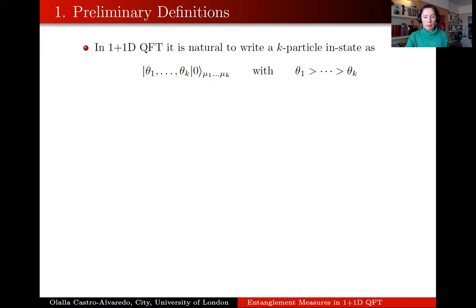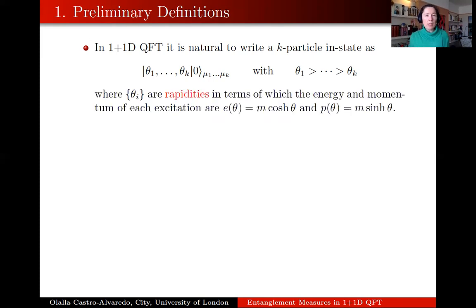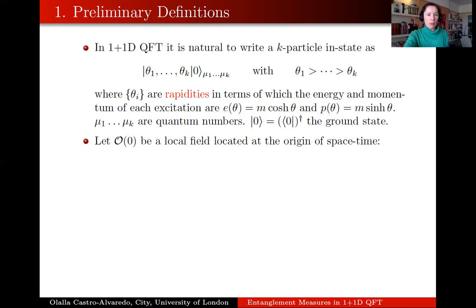This is because in one dimension, rapidities are a very nice parameterization both of the energy and of the momenta of particles. So we can describe a state by the rapidities of the particles and by their quantum numbers, mu1 up to mu_k. And we can even create a basis of in states if we order these rapidities in a certain way. That ordering tells us the order in which these particles are incoming. So this is the basic definition that we will use.